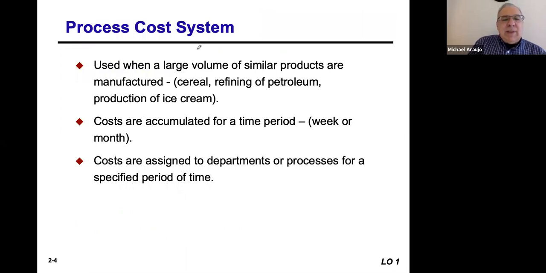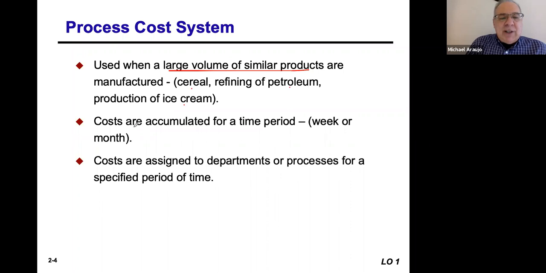So basically speaking, when you have a large volume of a similar product that's getting spit out in manufacturing, like cereal, or gasoline, or even large batches of ice cream, you would probably want to use the process cost system. Okay.